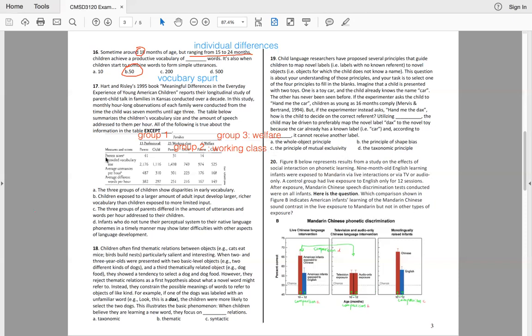If you look at the recorded vocabulary size for the children, group one is 1,000, group two is 700, and group three is 500.